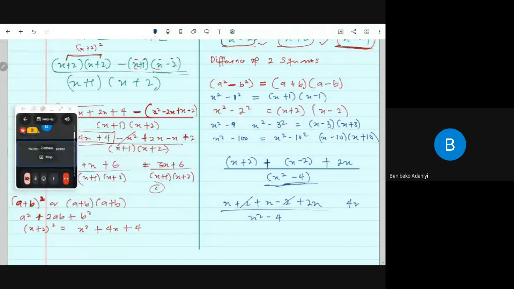So we have 4x over x squared minus 4. Or maybe they'll just write that as (x minus 2)(x plus 2). Either of the two would be the answer. So this, or it should be written as 4x over (x minus 2)(x plus 2). Both can be the answer. Is that clear, guys?